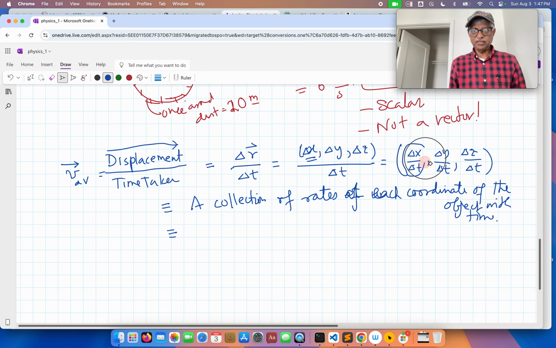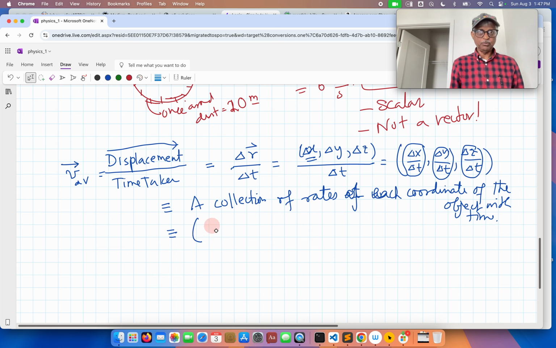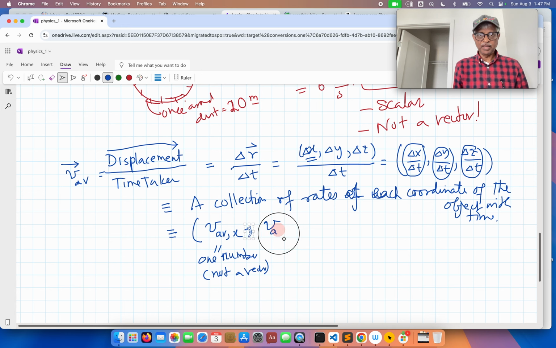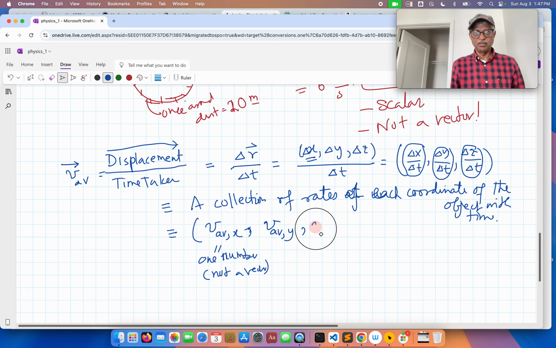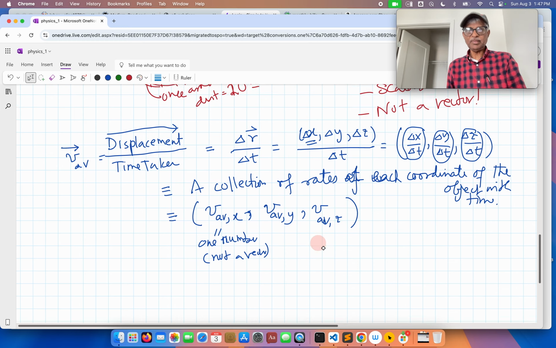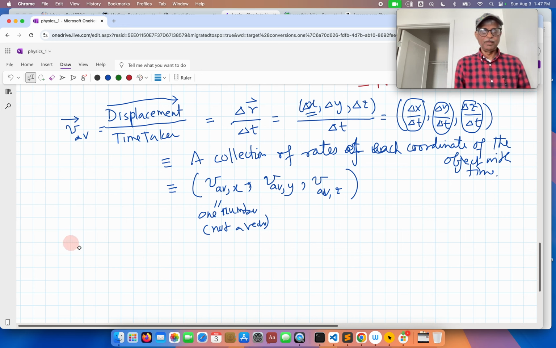This part is x changing, this part is y changing, this is z changing. So another way to write it is v average, and this is the x part. This is not a vector, this is just one number, because I need a collection to have a vector. V average, the y part is changing, v average, the z part is changing. So these are the names of these things.